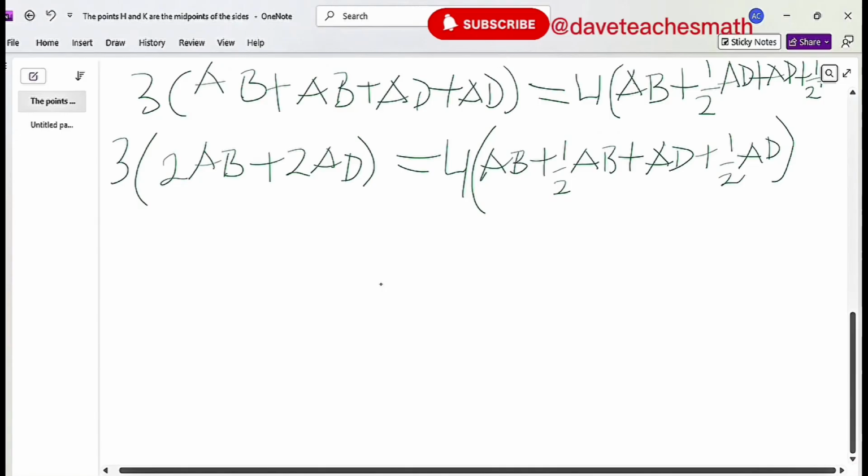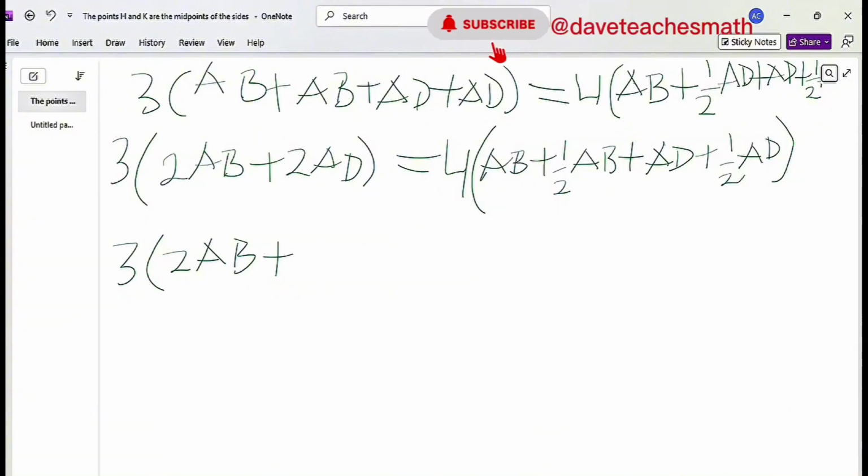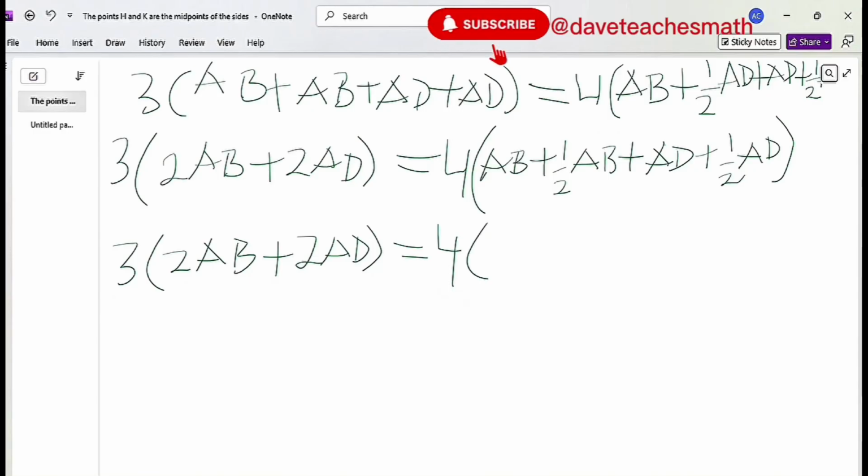Let's continue. We still have 3 into bracket 2AB plus 2AD is equal to 4 into brackets.